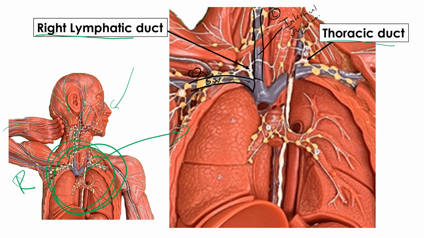So, if you pay attention, the right lymphatic duct is this white structure that connects to the subclavian vein. Now, the subclavian vein and internal jugular vein fuse.